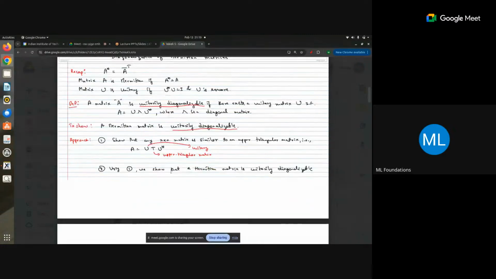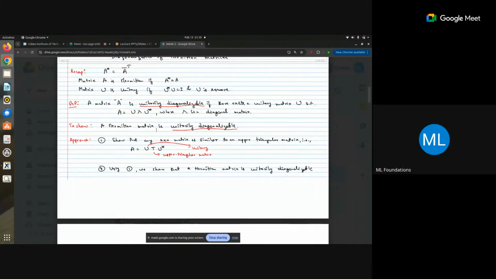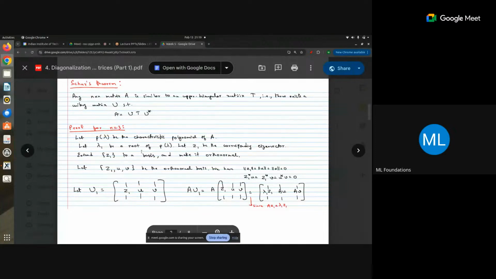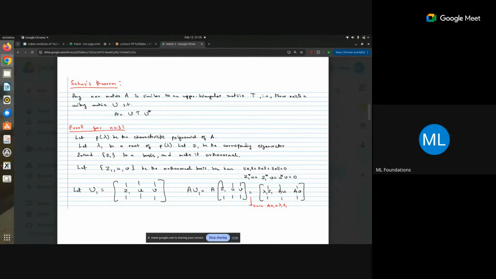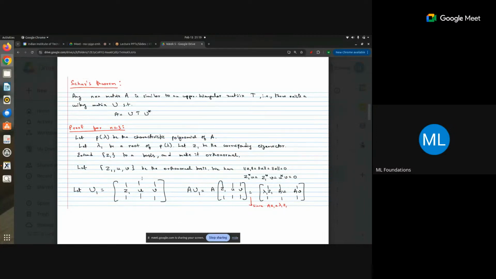What it is saying now is that you have to find this unitary matrix U, and the procedure to find it is what you have to do. Let's say this is U1, the first U1. What is its combination?